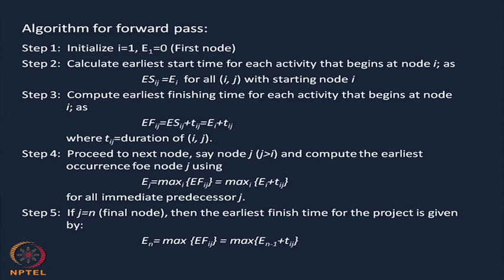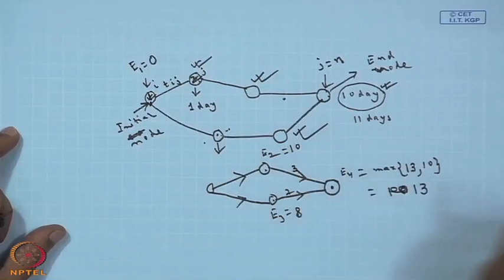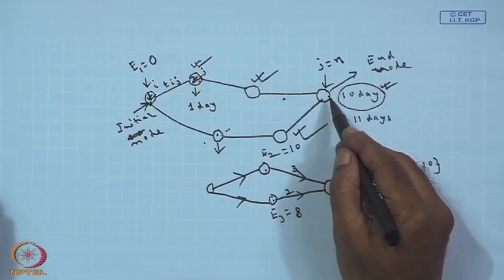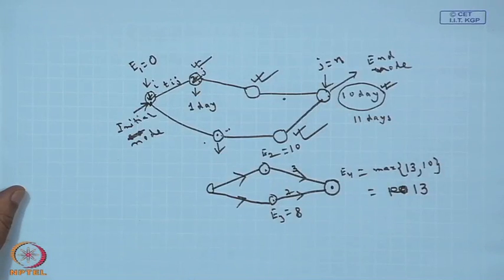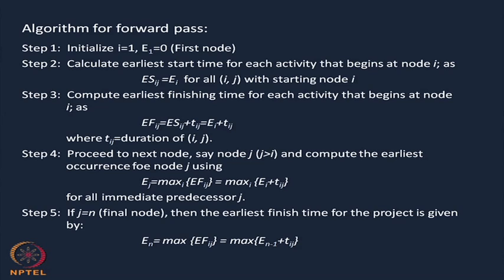This equals E f i j, which you can write as E n minus 1, the earlier node, plus T i j. The n minus 1 node may be this one or this one also. So, for the last node it is equal to the maximum of E n minus 1 plus T i j. This is your forward pass calculation.